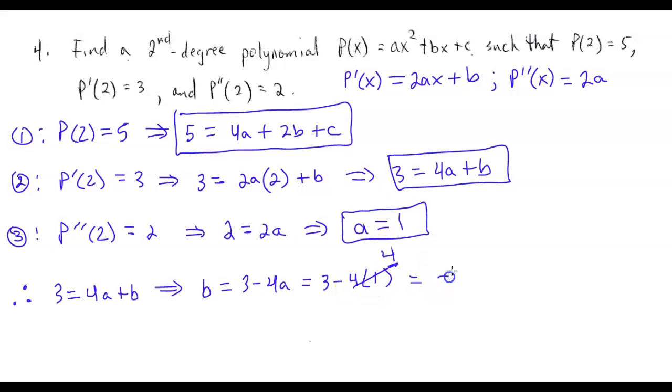That's just 4, and the result ends up being negative 1. So a is 1, b is negative 1. Now we use that information in equation 1 to figure out what c will end up being.